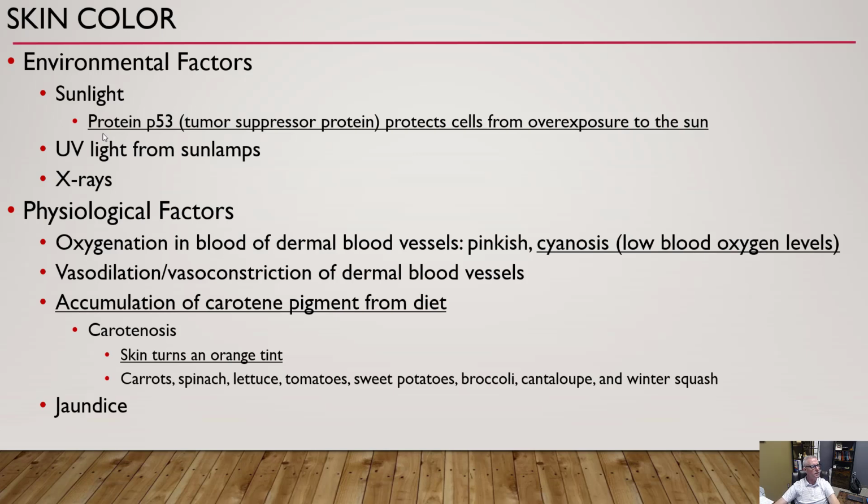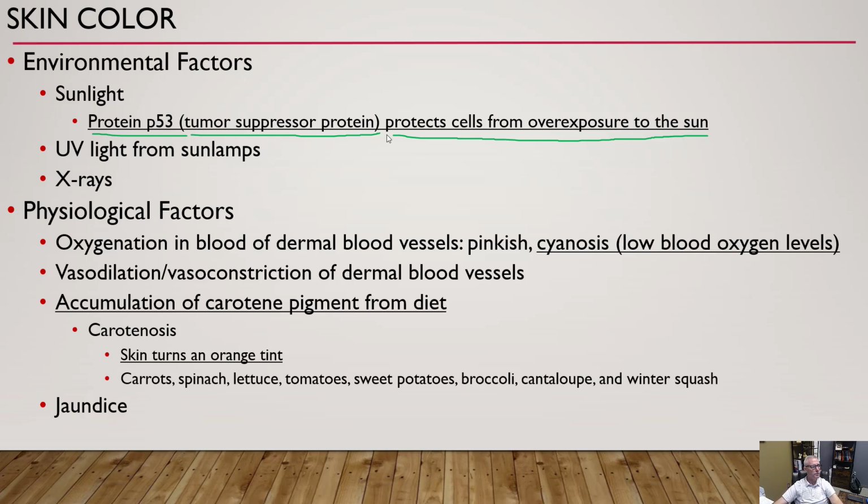We actually have this protein P53. It's called a tumor suppression protein. We do have some natural protector cells that will protect us from the ultraviolet radiation from the sun, and one of those is a protein P53. It just protects us from overexposure to the sun, slight overexposure, not laying out for 5 hours every day.